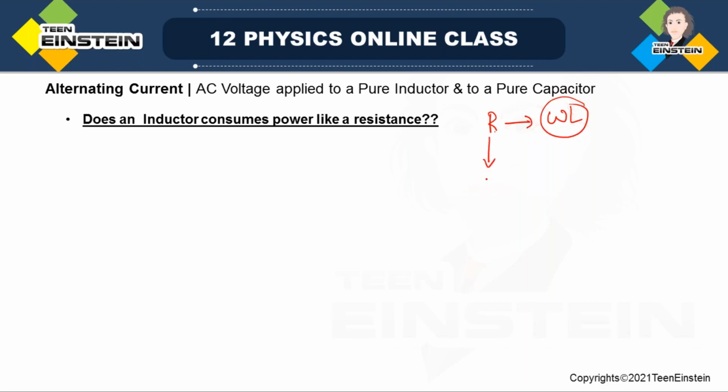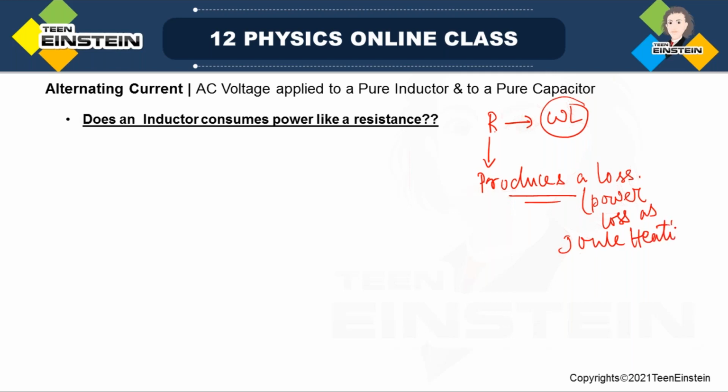And we have seen that resistance produces a power loss as joule heating in the circuit.